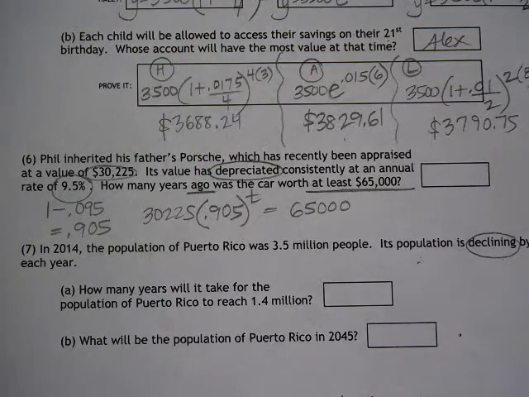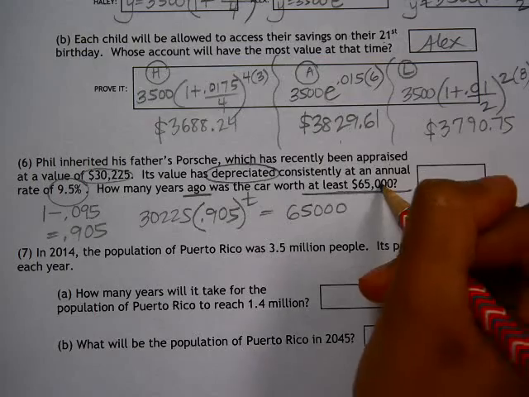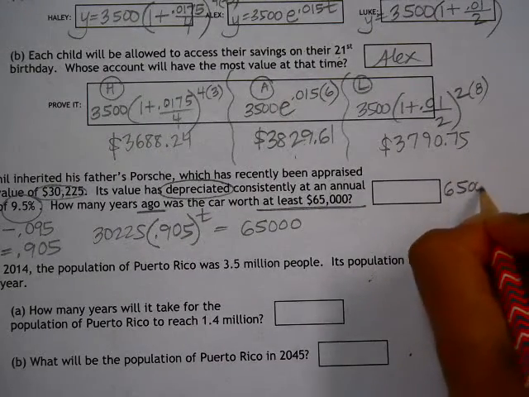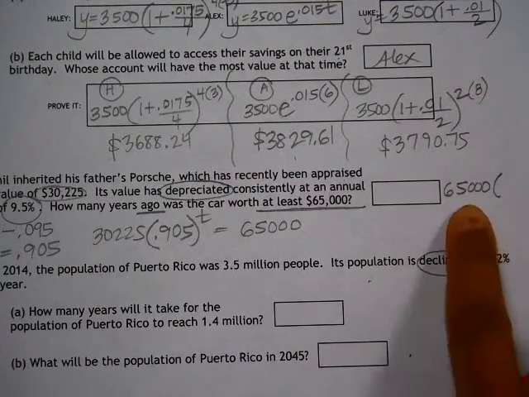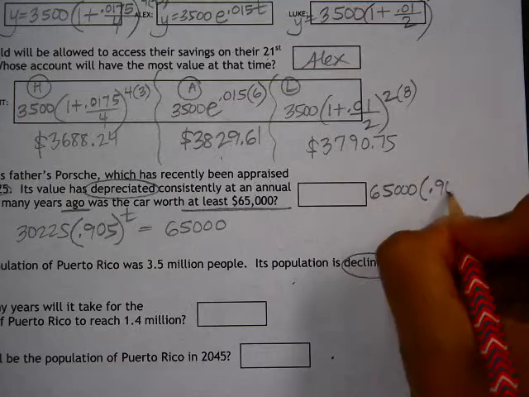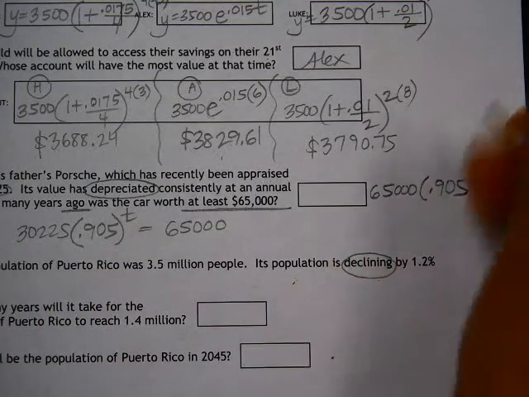Another way you could approach this problem is to consider that the initial value is $65,000. So if you set it up that way, this was a certain number of years ago, it was worth that much. It depreciated by 9.5% every year, so that would be our multiplier.